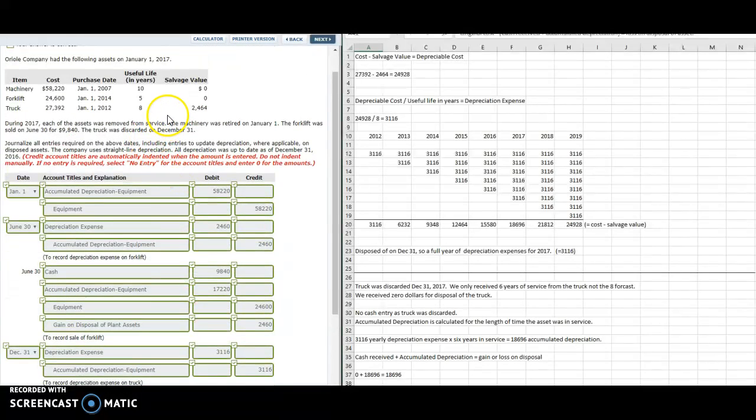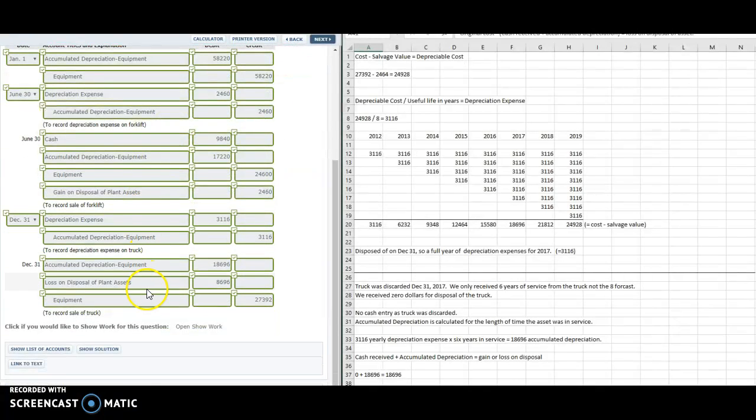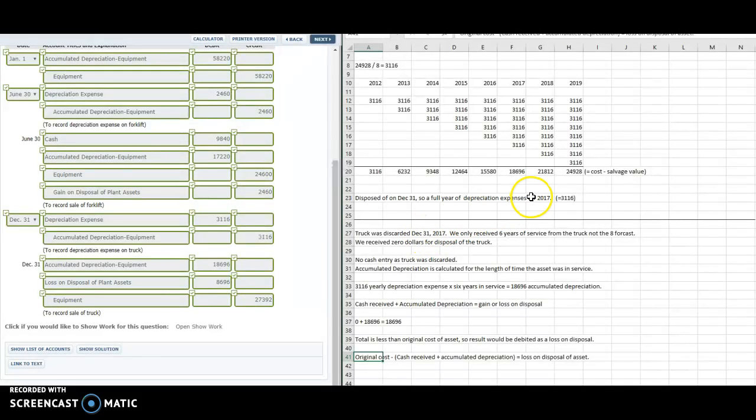And we learned that they had wanted to use that truck for 8 years, but they disposed of it in 2017. So that would actually have been only 6 years of service from the truck. So 1, 2, 3, 4, 5, 6 years of service gives us an accumulated depreciation value of $18,696.